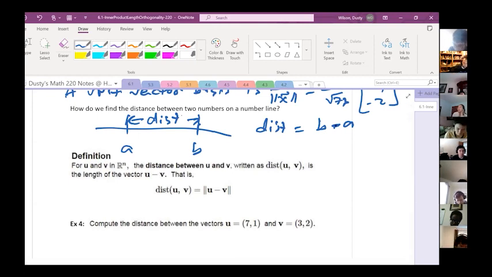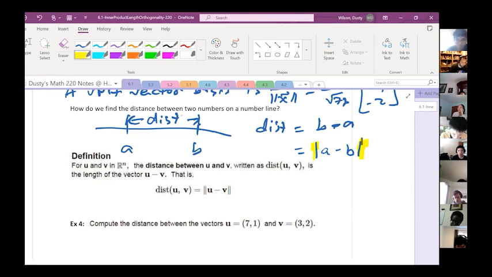And so sometimes we would say that this is equal to the magnitude of B minus A or the magnitude of A minus B. And now it doesn't matter which one you call your A and which one you call your B, because those absolute values take care of the which one comes first issue, right? So that should be kind of sort of familiar. So that's on a number line.